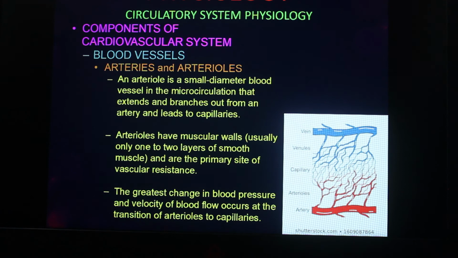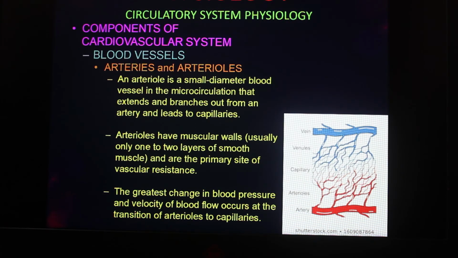An arteriole is a small diameter blood vessel in the microcirculation that extends and branches out from an artery and leads to capillaries. Arterioles have muscular walls, usually only 1 to 2 layers of smooth muscle, and are the primary site of vascular resistance.